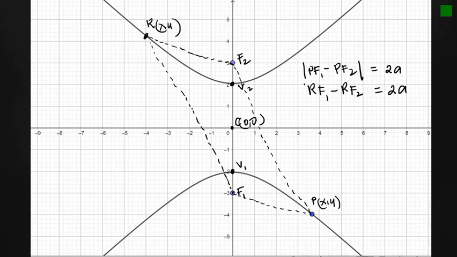If we take the absolute value here, it would also be equal to 2a. But we don't actually need to take the absolute value for the second one, because R to F sub 1 is longer than R to F sub 2. I'm just putting the symbol here because P to F sub 1 is shorter than P to F sub 2, and they have the same difference. There is a common difference, and we let that common difference be equal to 2a.